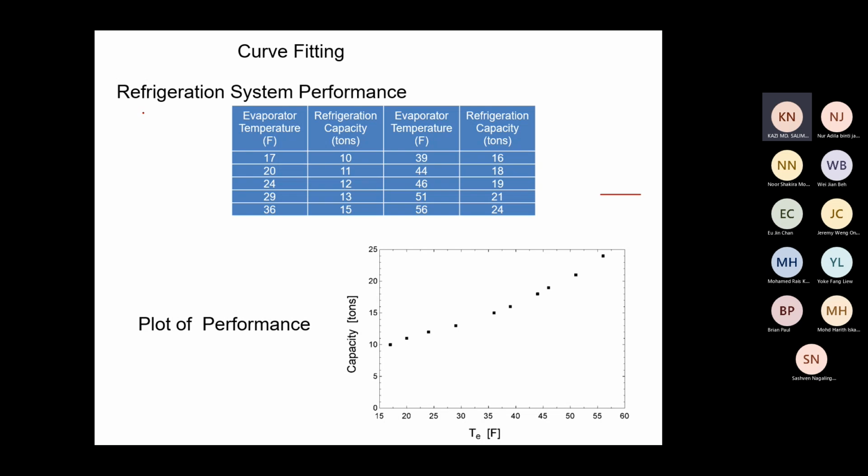So now you see the refrigeration system performance. If we consider the refrigeration system performance, then the evaporator temperature is maintained depending on the cooling load and how much the temperature has to drop.